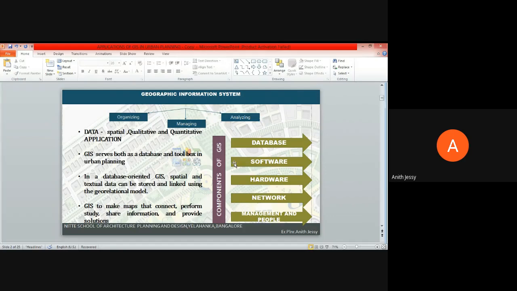In GIS you have different components which play a key role. They are databases, software, hardware, network, and the people who are involved in GIS. These are the components through which you finally analyze, do all kinds of research work, and then gain the output.